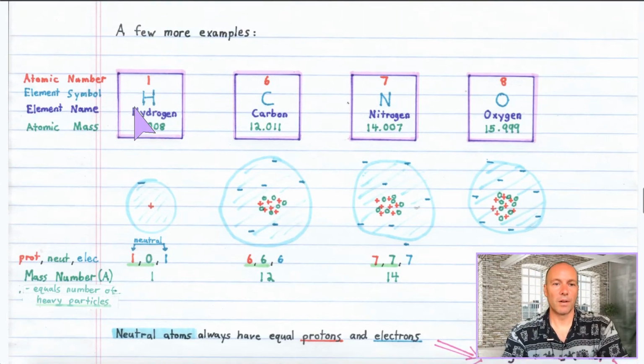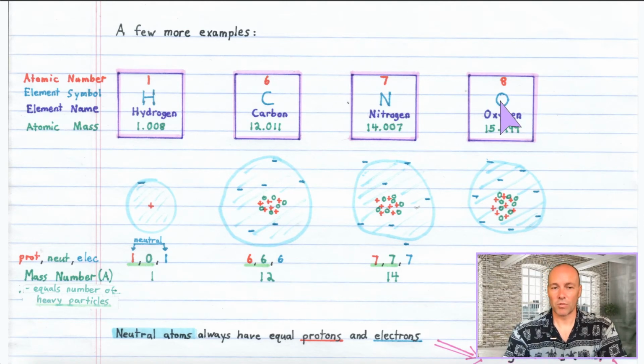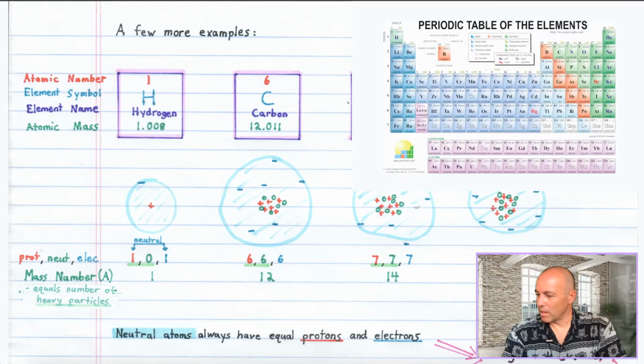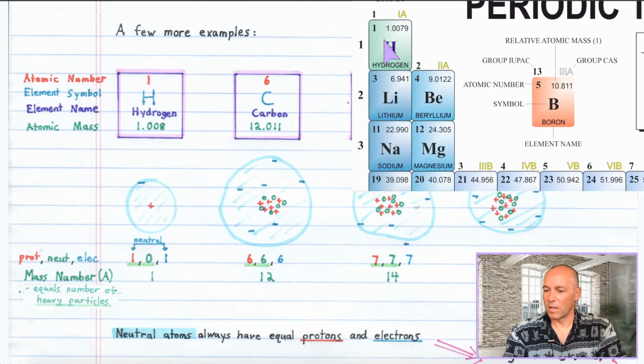So here are the 4 most important elements on the periodic table in biochemistry: hydrogen, carbon, nitrogen, and oxygen. And you've probably located these, but I'll just point them out to you. So hydrogen is right here. It's element number 1.